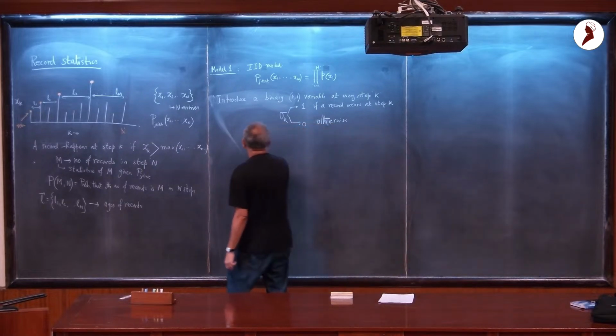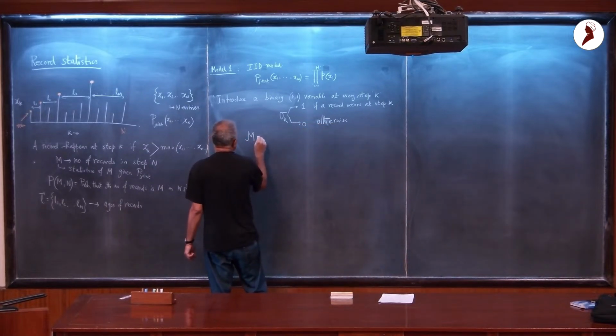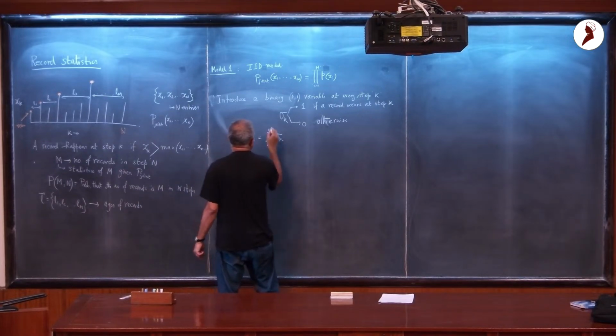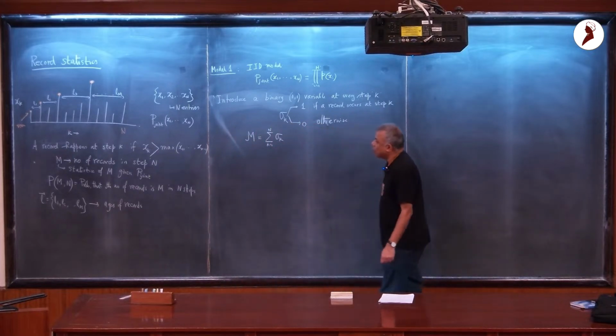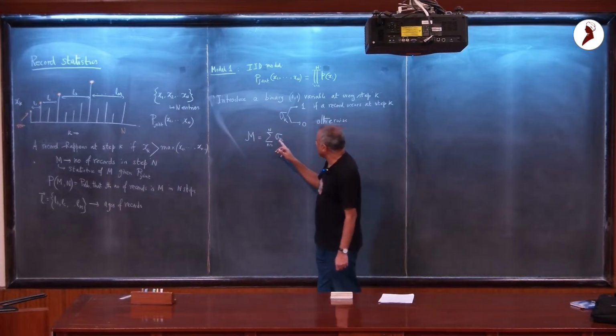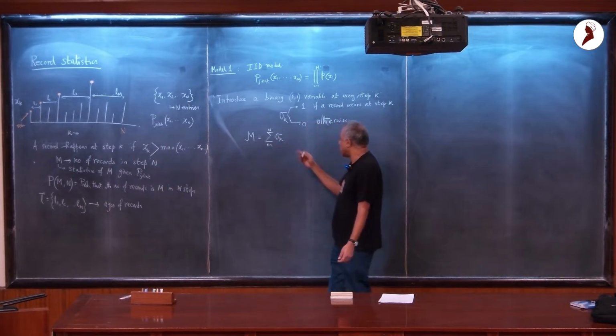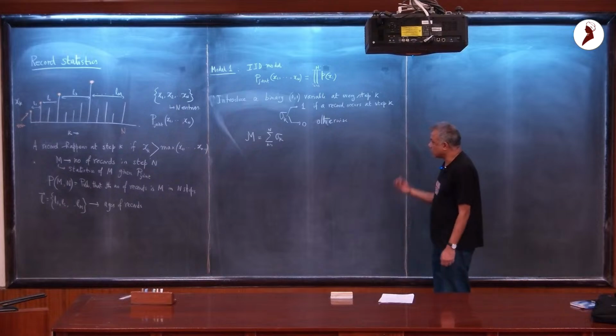Then the number of records, because it's a 1, 0 variable, clearly is the sum of sigma k from k equal to 1 to n, right? Because this is like an indicator function, so this will be 1 if there is a record and 0 otherwise. Therefore, it just counts the total number of records up to step n.